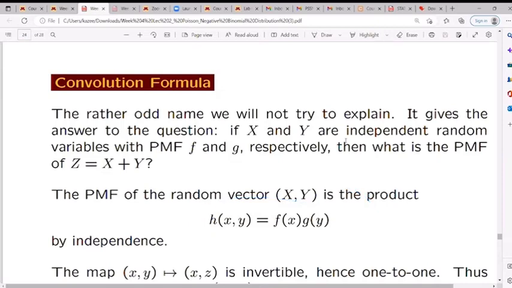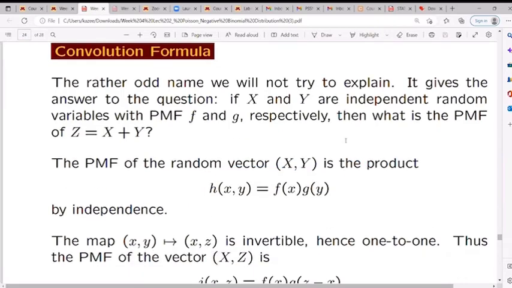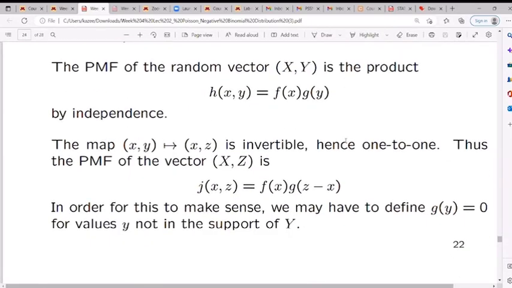Now the next thing that we want to do, by independence, is map from XY to SZ. We can also do from XY to YZ. But in convolution, if I decide to go by this, I can also do the same.